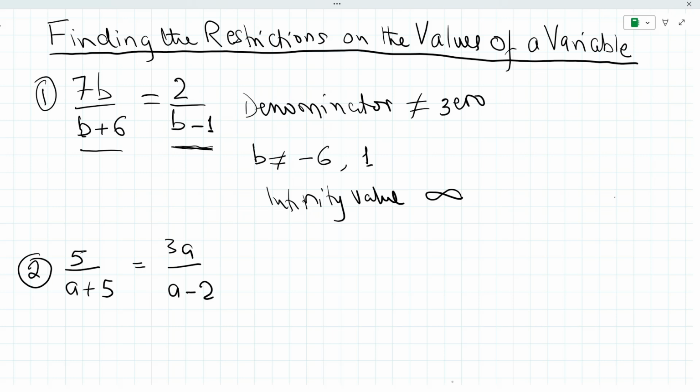And so, on the left-hand side of our expression, a must never equal minus 5, because otherwise that denominator will equal 0. And in this case, a must not equal 2, because 2 minus 2 will give us 0. And so these become the restrictions we have on our second equation.